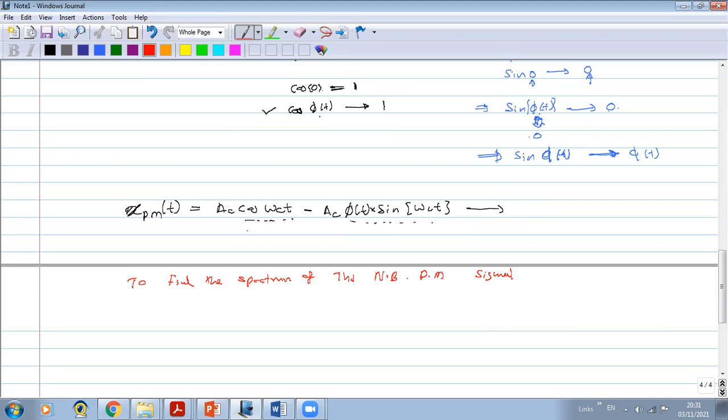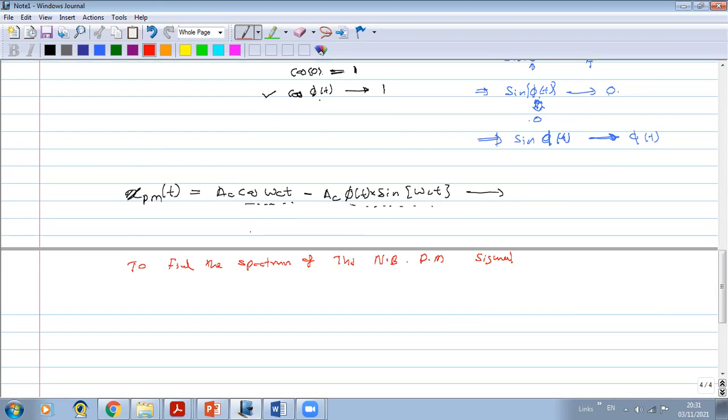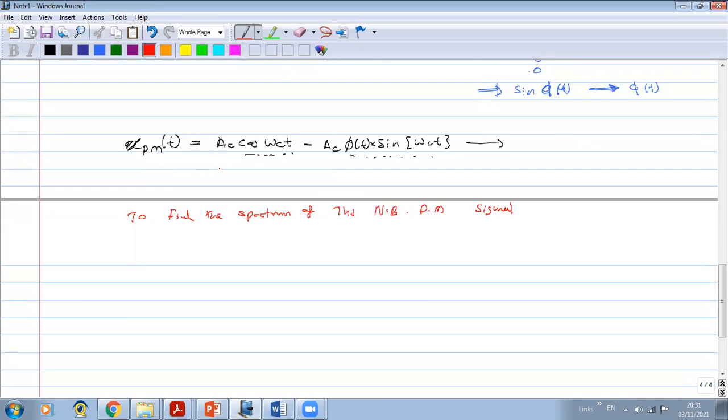Now we can apply Fourier transform here. I'm not going to apply the Fourier transform here because we have already done it in amplitude modulation. We have evaluated the Fourier transform of cos omega c t, and also we have evaluated the Fourier transform of this kind of signal, and we gave it a name, that is the modulation theorem.